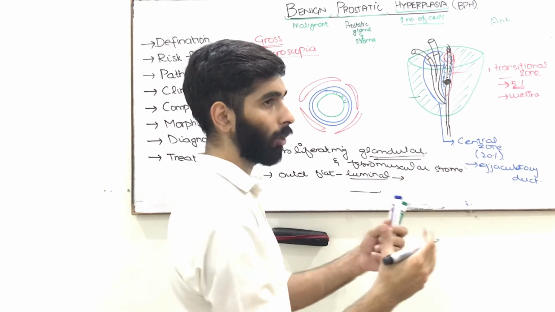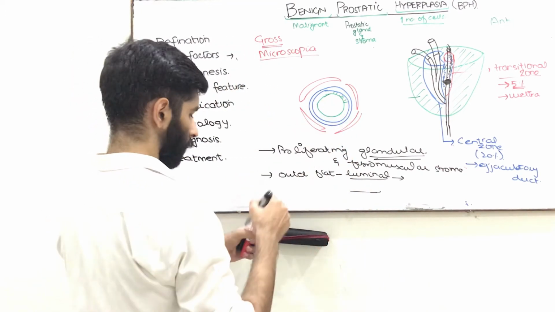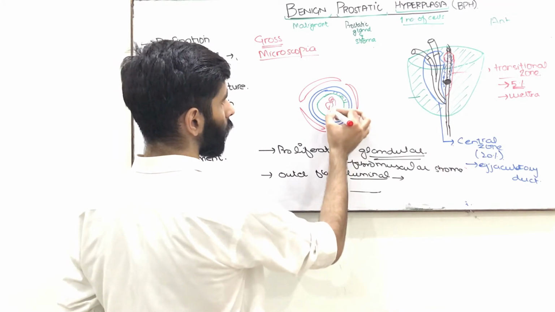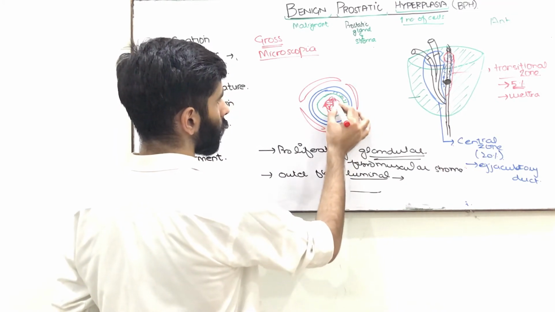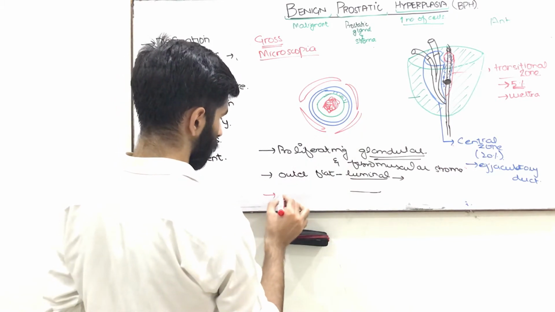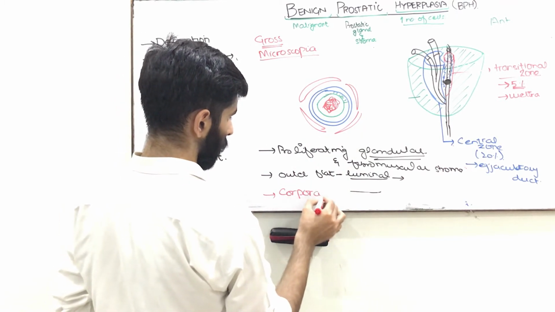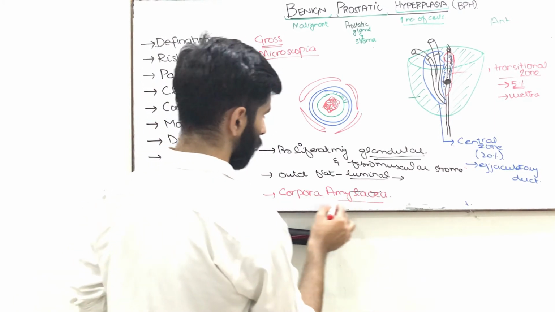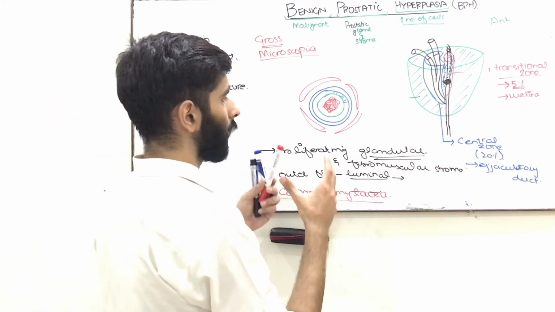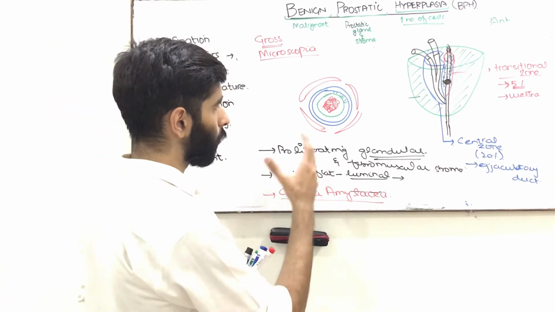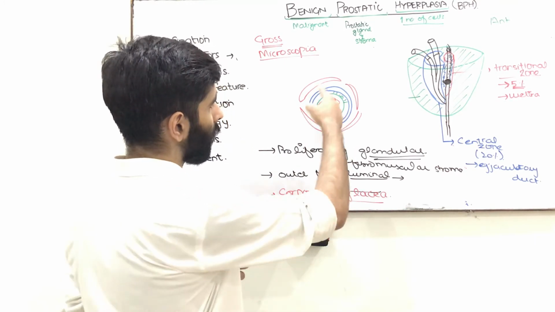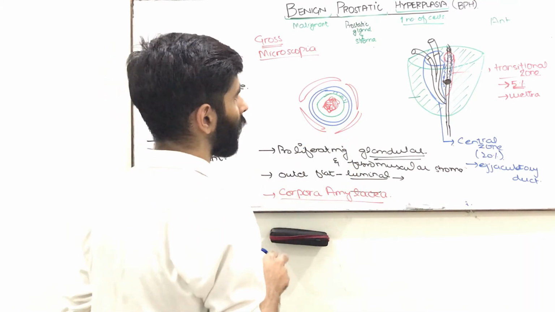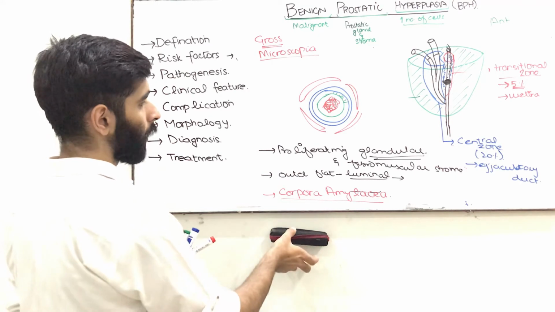The luminal cells secrete a proteinaceous material in the lumen called corpora amylacea. So there is a proliferating glandular component and fibromuscular stroma. In the glandular component, there is an outer layer of flat cells, the inner layer of luminal cells, and the luminal cells secrete a proteinaceous material called corpora amylacea.